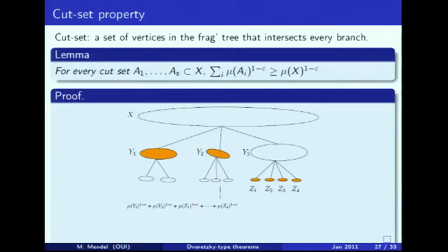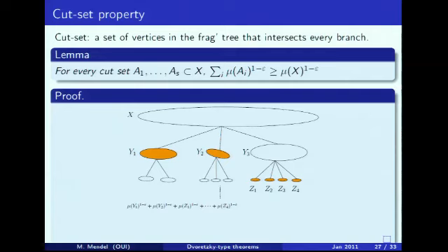And I want to prove that for any cut set, the measure of the vertices in the cut set to the power of 1 minus epsilon, summed, is at least the measure of X to the power of minus epsilon.